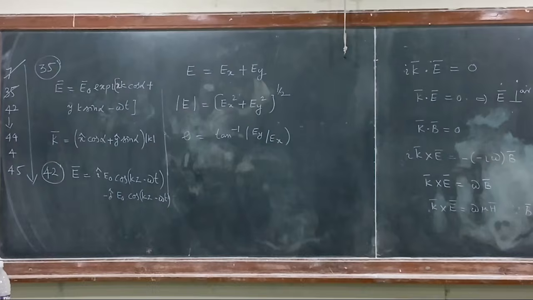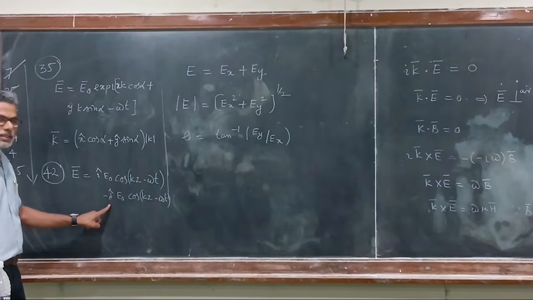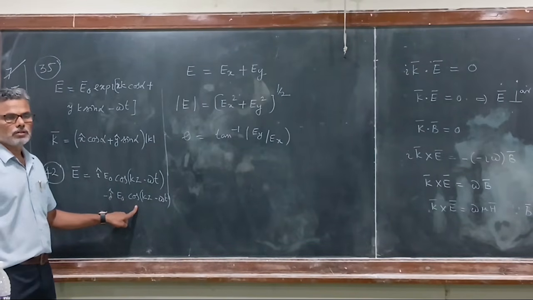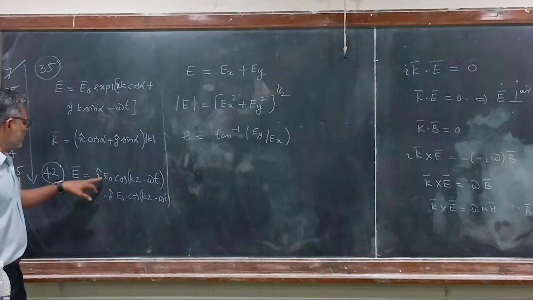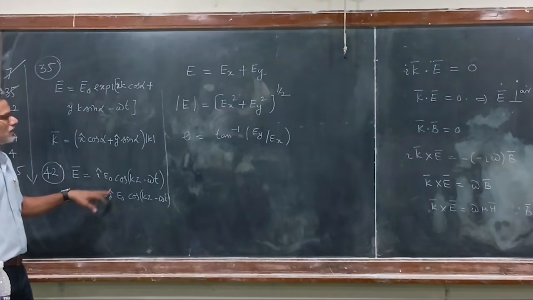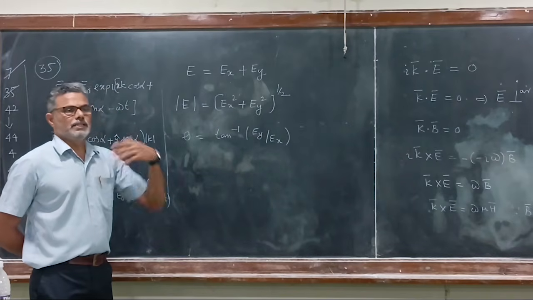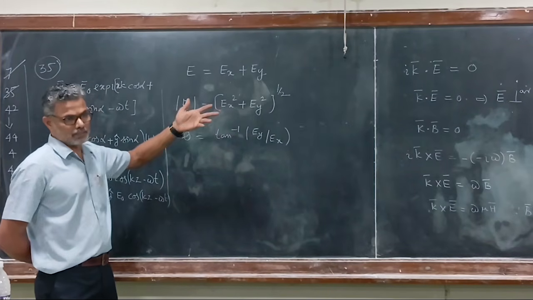Now if you take this, the y component is minus E0 cos(kz minus omega t). And you look at these amplitudes: they are the same. That means it can be linear, elliptical, or circular, you cannot determine from that alone.